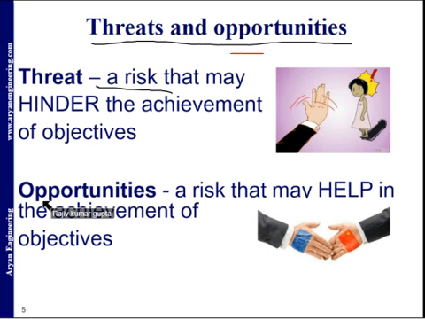When we talk about risk management, risk is always a threat and an opportunity. Sometimes people say it is a negative risk, and sometimes a positive risk, that is, opportunities. A risk that may help in the achievement of objectives is a positive risk.